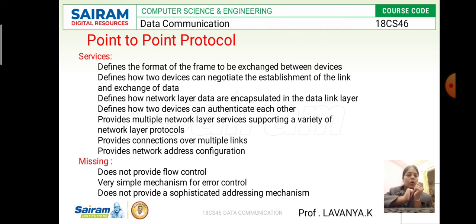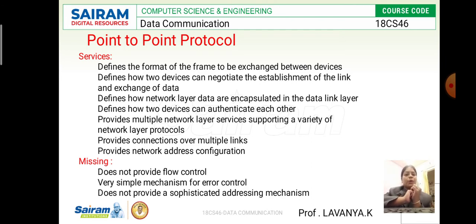So the definition of point to point is system to system, device to device, or node to node. Between these two nodes they establish the connection, and there they are able to do the transactions.